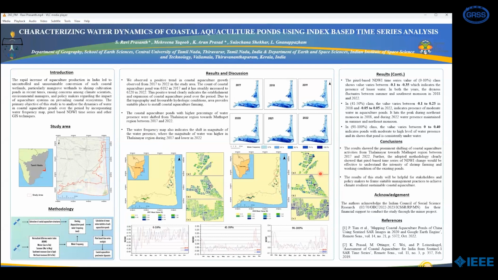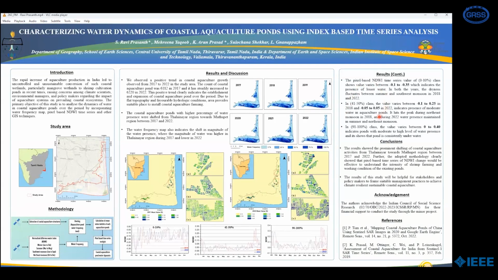Then in the pixel-based time series, the NDWI time series value for the class 0 to 10 shows values varying between minus 0.1 to minus 0.35, which indicates the presence of lesser water. In both years, the dryness fluctuates between summer and southwest monsoon in 2018 and 22.